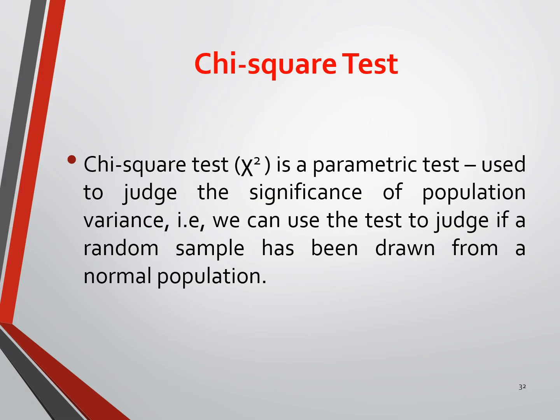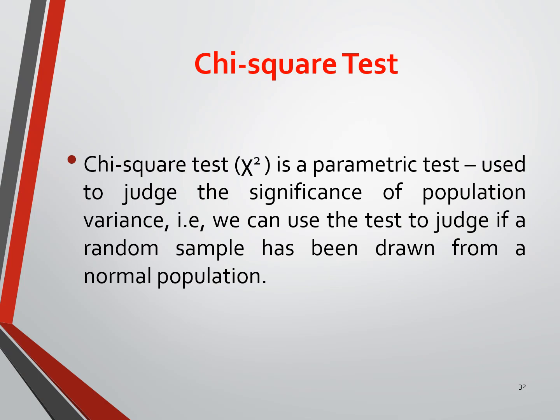The very important point is why it is given in the descriptive reporting: the chi-square can be used for both parametric and non-parametric tests, so it satisfies both conditions.